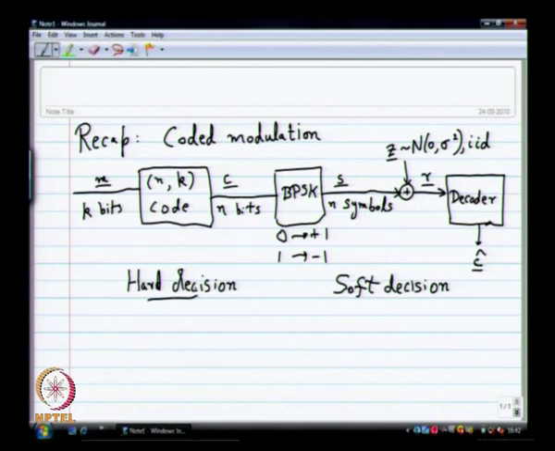Okay. So, we distinguish between two cases, hard decision and soft decision. Okay. So, in hard decision the first block that you have after you receive R is what I called a slicer.